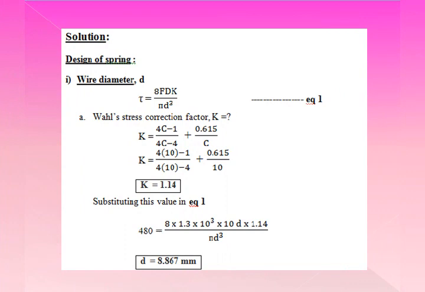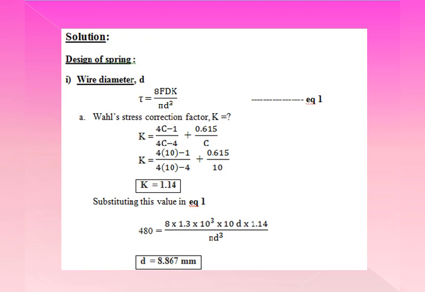In this relation, we are supposed to substitute the value of spring index C that is given in the problem, that is 10. So K is equal to 4 into 10 minus 1 divided by 4 into 10 minus 4 plus 0.615 divided by 10. By simplifying, we are getting value of K is equal to 1.14. Now substitute this value in equation number 1.